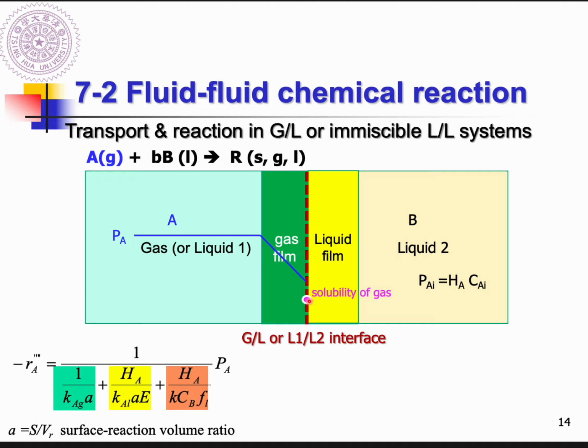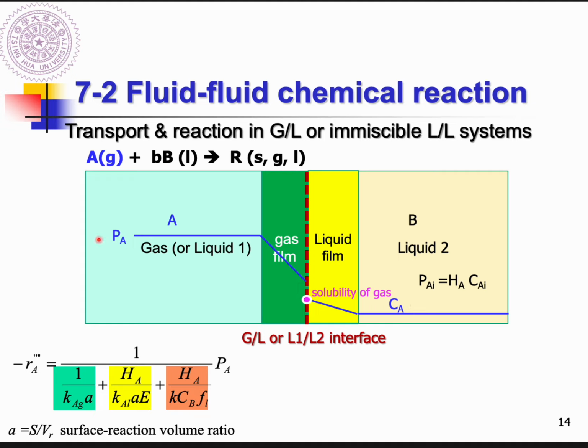And then the concentration of molecule A will decrease as a function of location through the liquid film. When it reaches the bulk liquid, this region, it will remain constant. The concentration will remain constant because the transport is very fast. No transport resistance here.